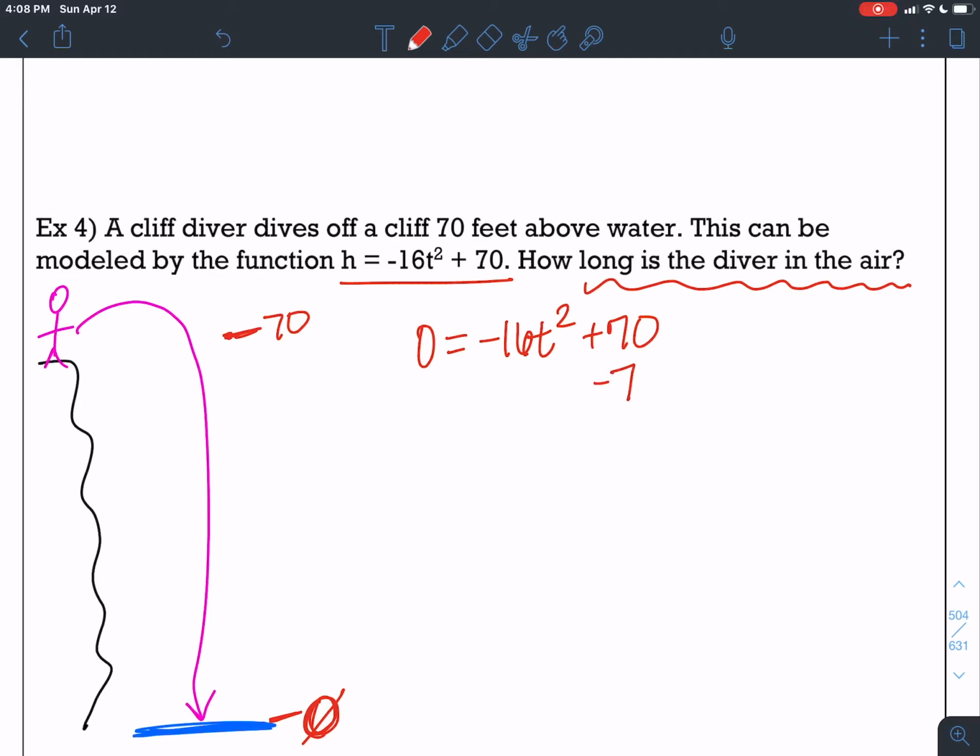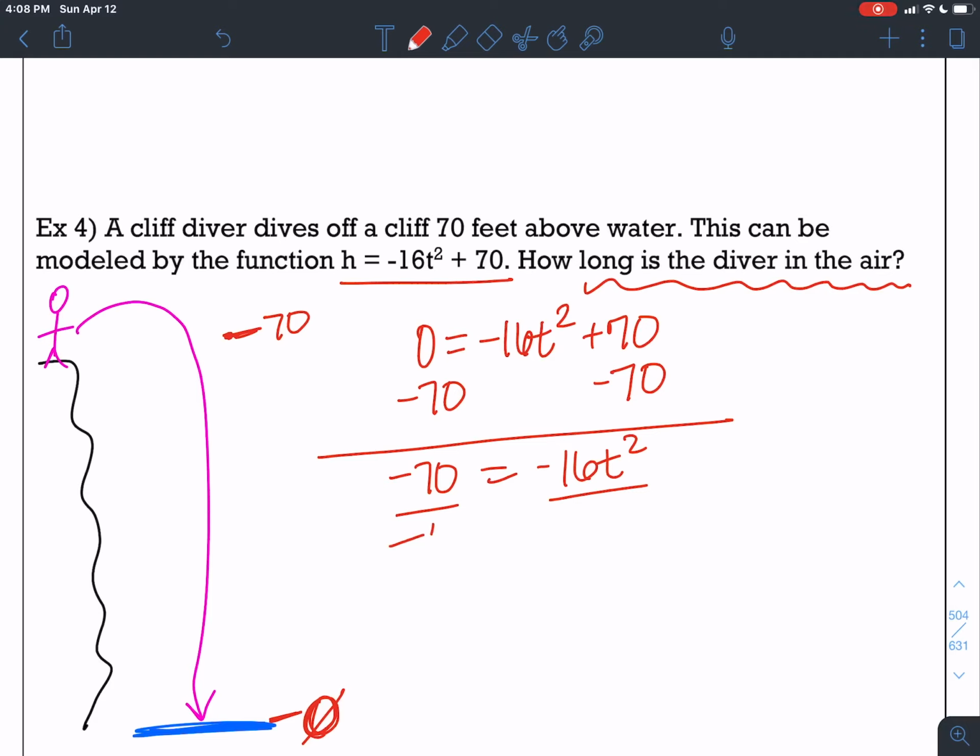I'm going to go ahead and isolate my variable, and divide by my coefficient.